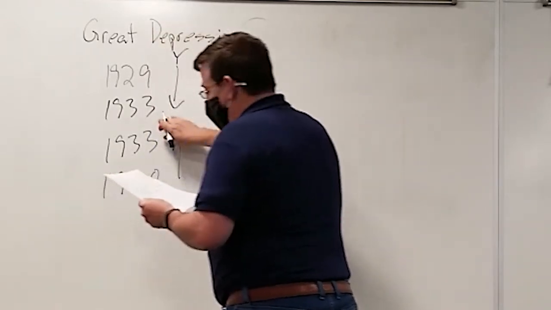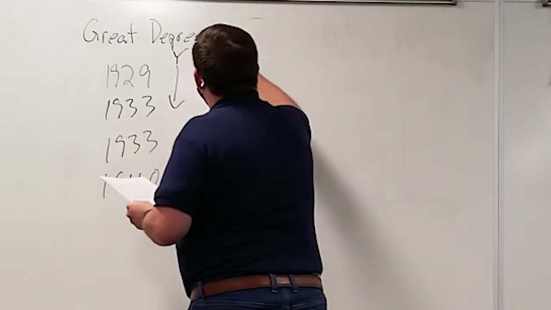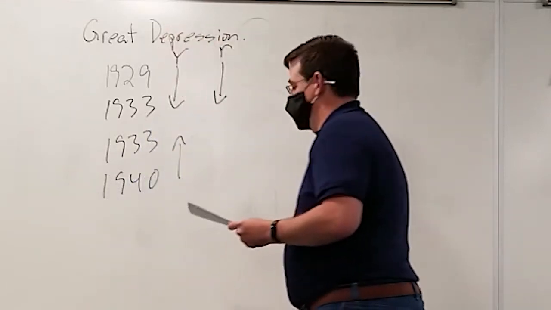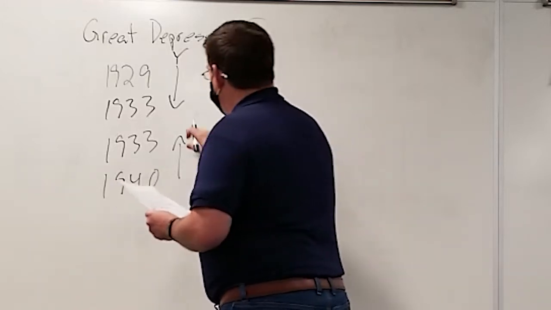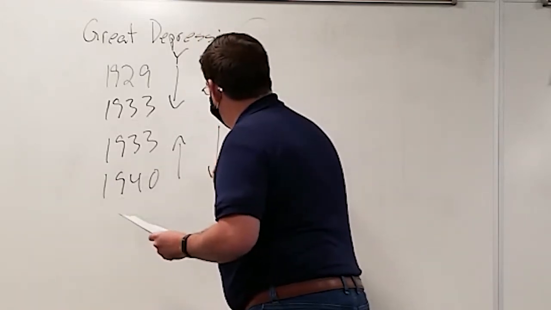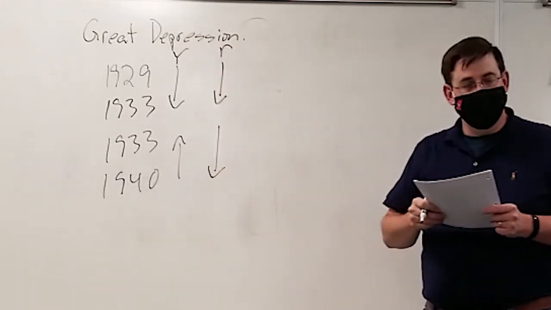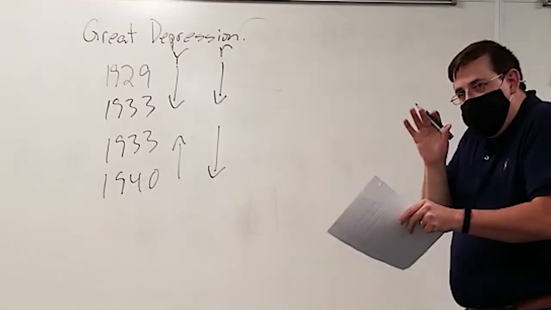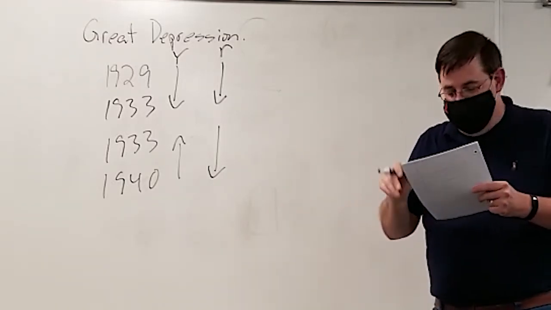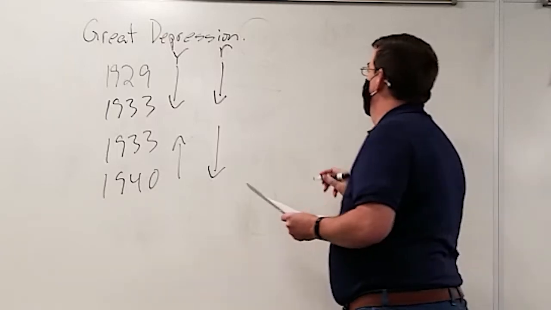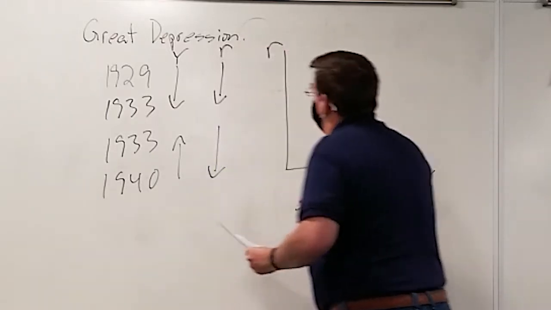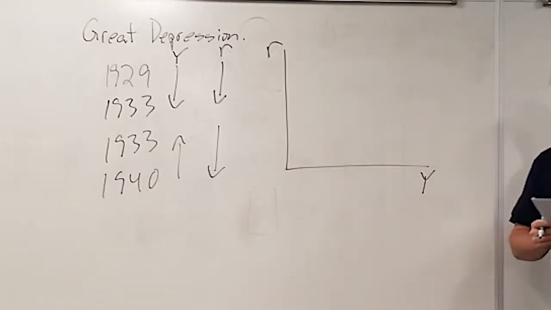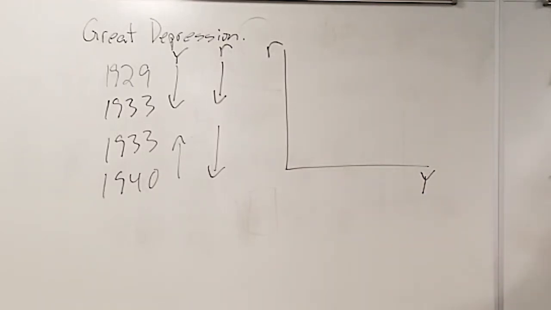Between 1929 and 1933, the interest rate fell. Between 1933 and 1940, the interest rate continued to fall. Is there a connection between the interest rate and output? That's what we've been doing this whole time, looking at the interest rate and output.